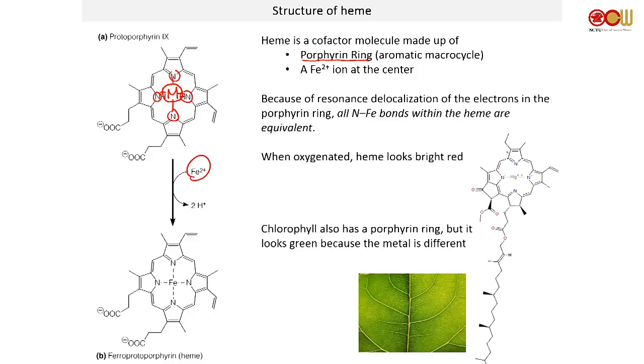Chlorophyll has the same general macrocycle structure, and instead of having an iron inside, in chlorophyll you have a magnesium ion. That will give it a different color. This is something that you see a lot in biology.